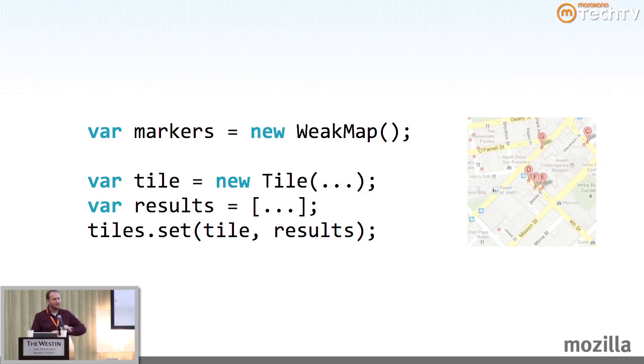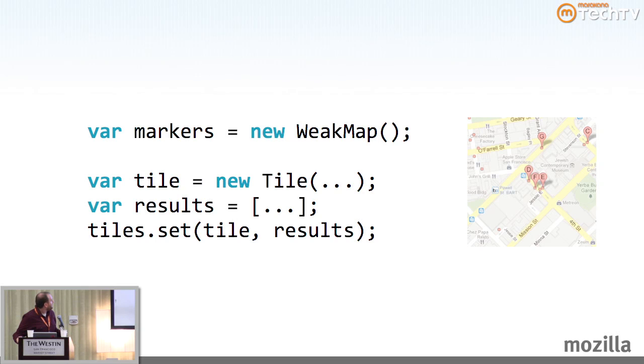So if I have some tile that's way out of view, and I haven't used it in a long time, and I just want to let that tile go, the markers associated with that tile are just as useless. So those should be able to be garbage collected as well. And the cool thing about weak maps is when you have this association, as soon as the key disappears, the value disappears from the table as well. This isn't necessarily something you would use all the time, but it's a power feature, and I think frameworks are going to start finding a lot of interesting uses for this.